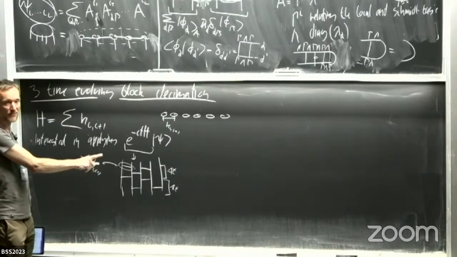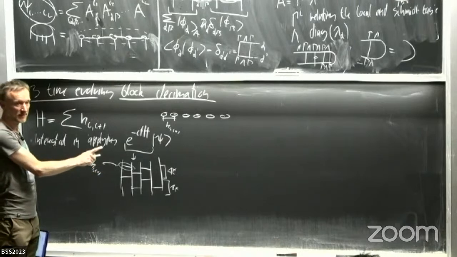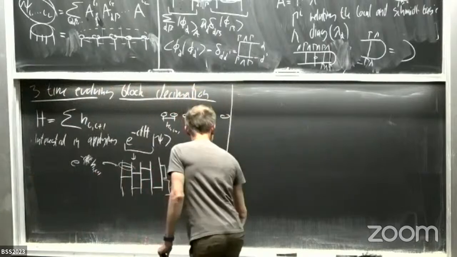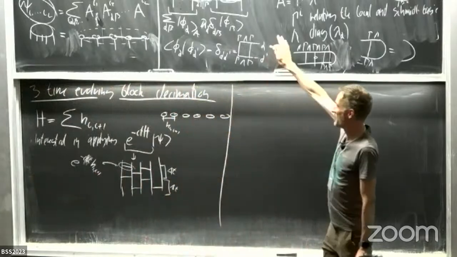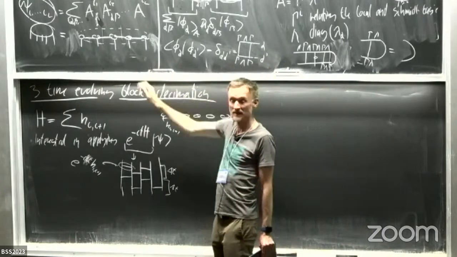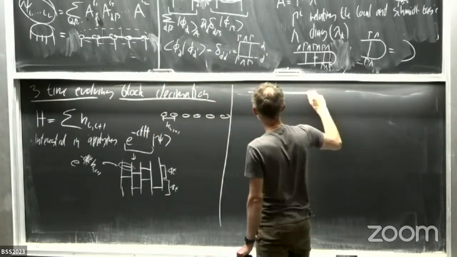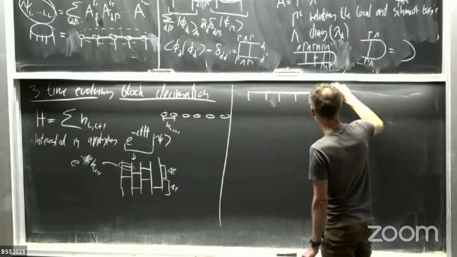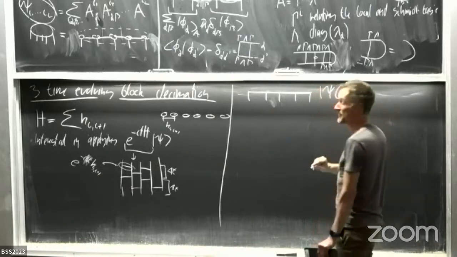Now, if I have this kind of evolution, I might ask the following. I'm already quite happy with my graphical notation of tensor networks. So what I have now is my MPS, and this is my MPS at time 0.